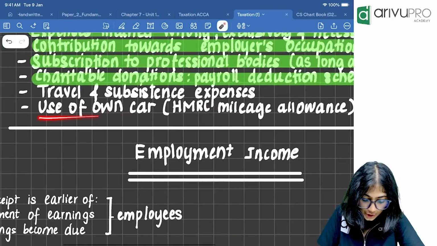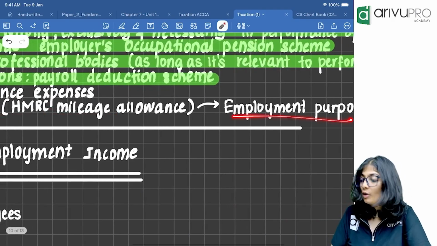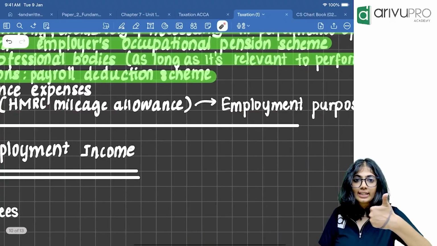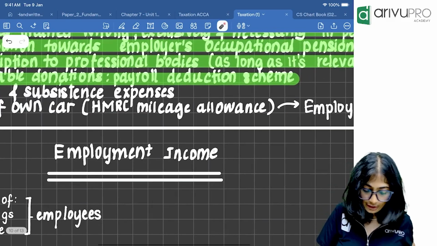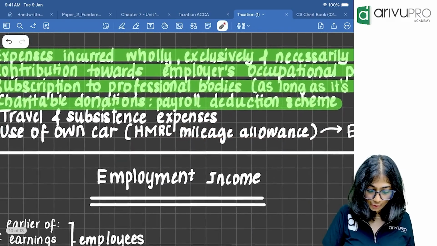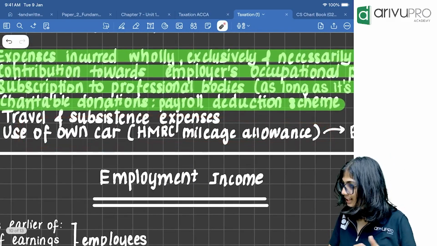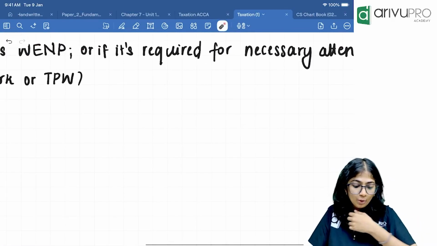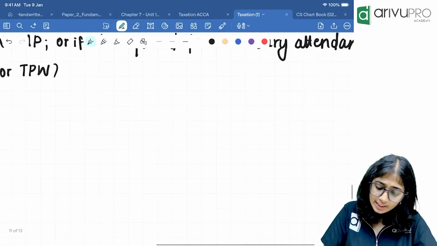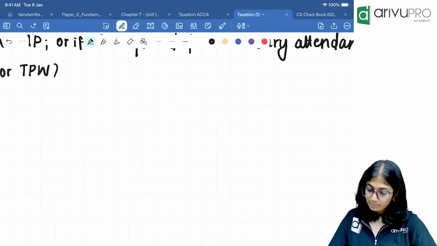If you're using your own car for employment purposes, that is not ordinary commuting and not for personal use, then it comes under use of own car under HMRC's mileage allowance. Now, in order to remember this, I know I just yapped a whole lot, but there are essentially only 4 possibilities.